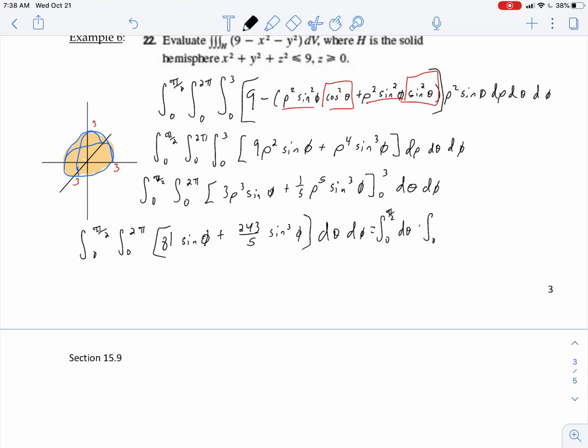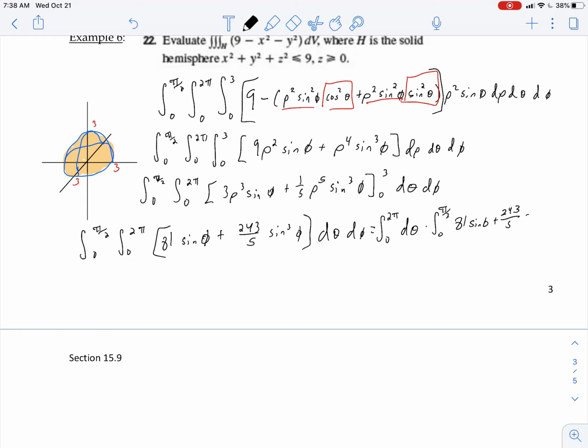To just be, do I have enough room for that? I think I do. 0 to pi over 2 d theta times 0 to 2 pi d theta, 0 to 2 pi d theta times 0 to pi over 2.